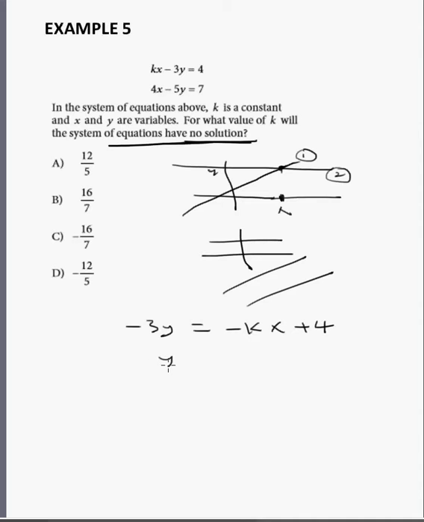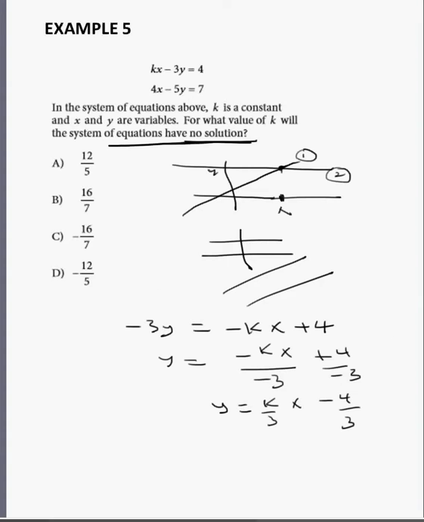So that means y is equal to minus kx over minus 3 plus 4 over minus 3. So that gives me k over 3 x minus 4 over 3. That is my y for the first one, right?